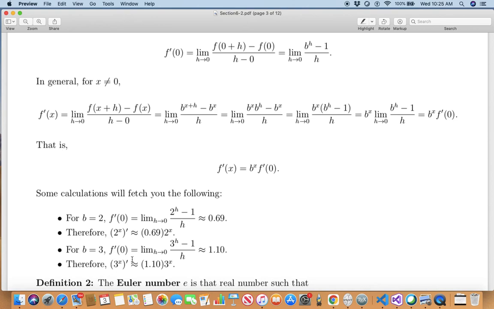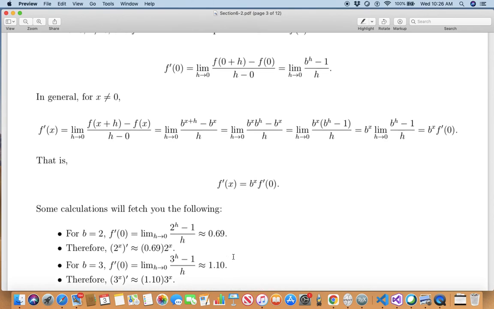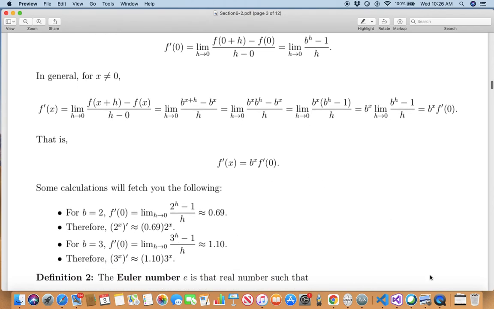What is the general derivative of the exponential function base 3? General derivative is approximately 1.10 times the function itself. So derivative is a scalar, a number times the function itself. All right. So I will continue in our next video what the Euler number does.